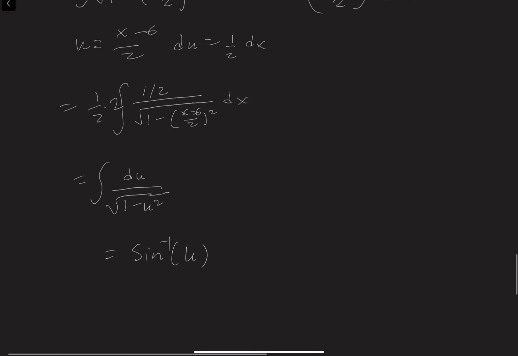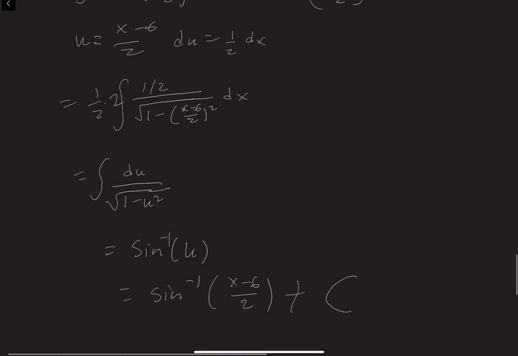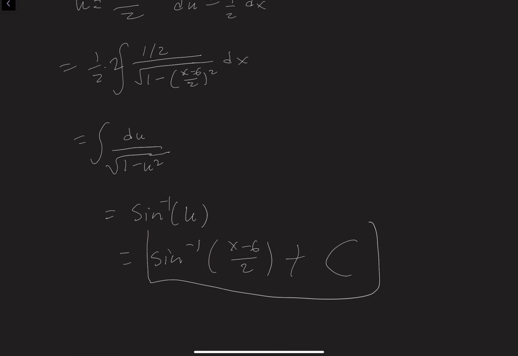So we can see the u is x minus 6 over 2. So that's arc sine of x minus 6 over 2 plus c. And that's our result. We see that's the exact same if we just stop here.